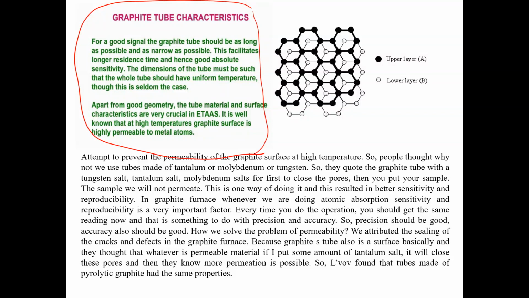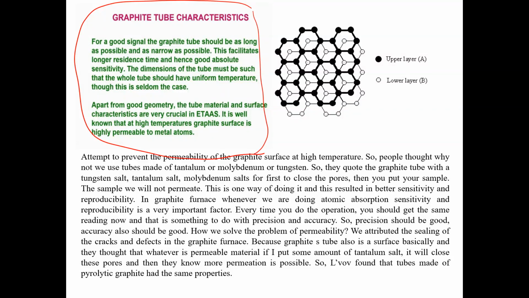Apart from good geometry, the tube material and surface characteristics are very crucial in electrothermal AAS. It is well known that a high temperature graphite surface is highly permeable to metal atoms. To prevent this permeability of the graphite surface at high temperature, people first thought, why not use tubes made of tantalum, molybdenum, tungsten?